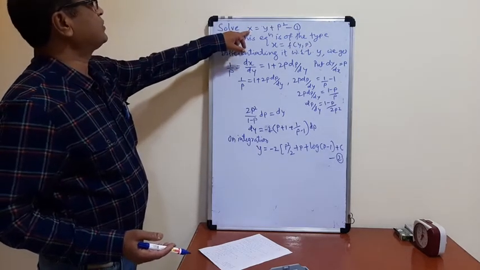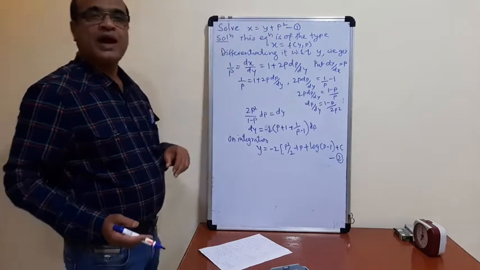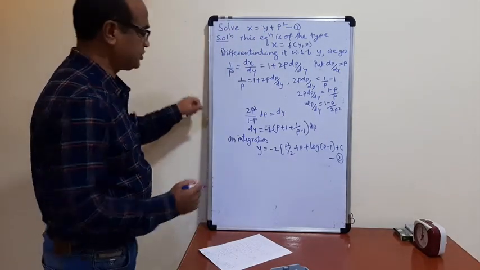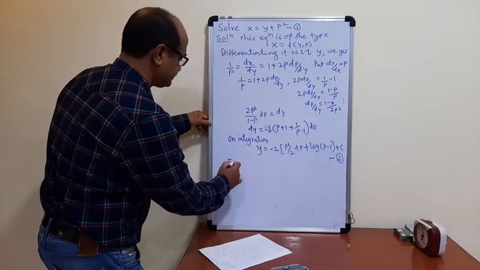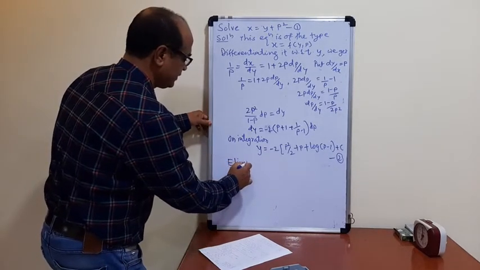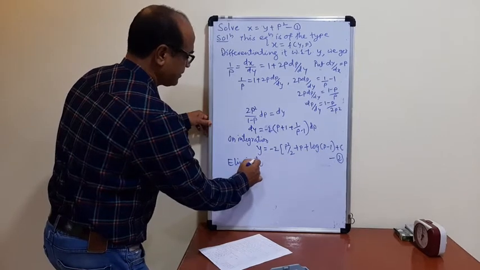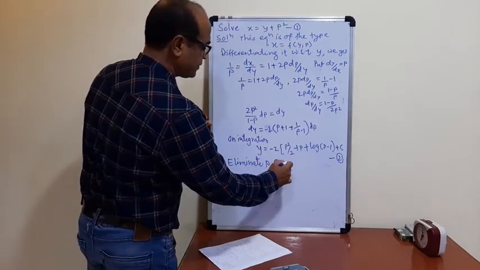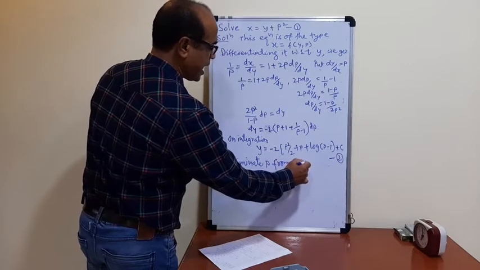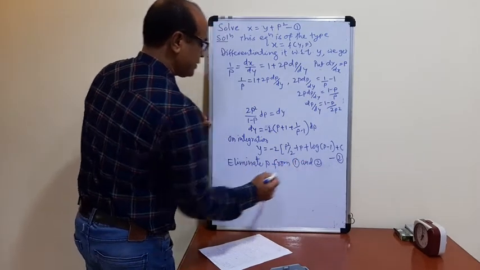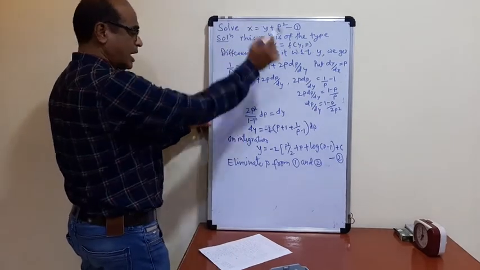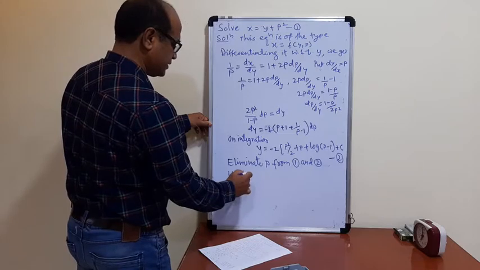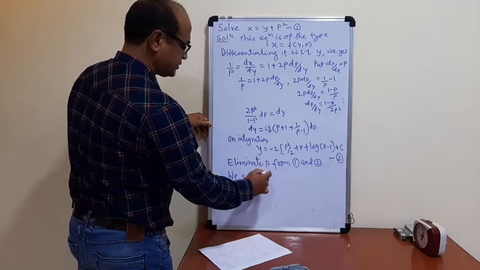Using this equation, x is equal to y plus p square, you can eliminate p from 1 and 2. Eliminate p from 1 and 2, we get a required solution.